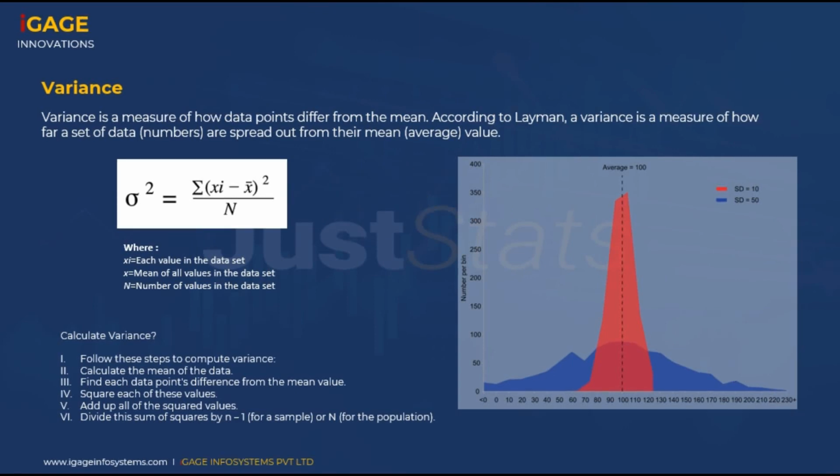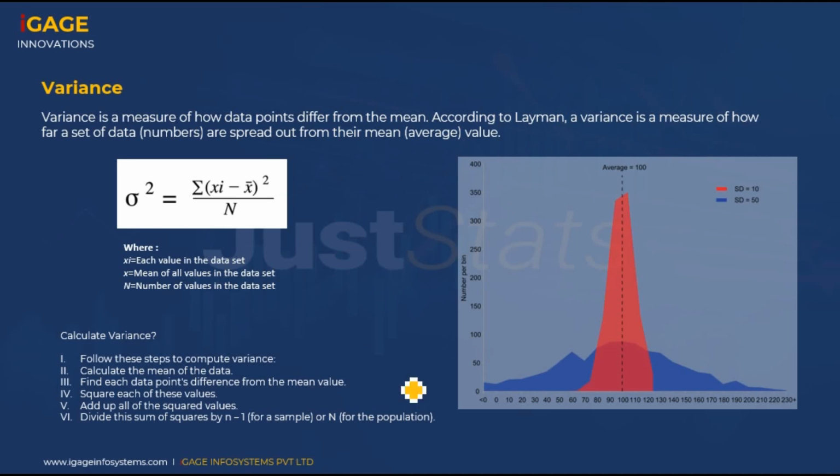What does it mean? If the variance is large, that indicates that the variability is great among the data points. And if the variance is low, that represents that the variation among the data points is small from the mean value.